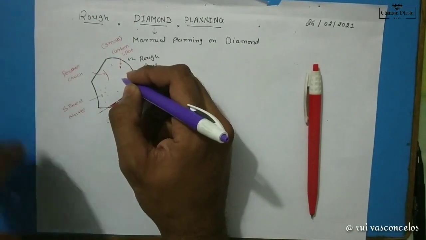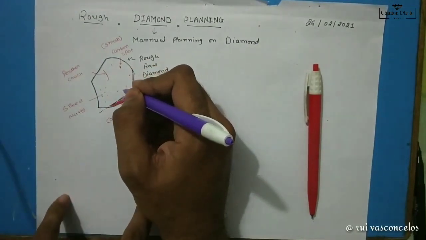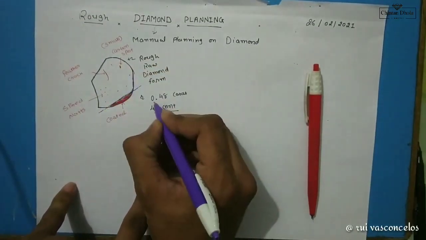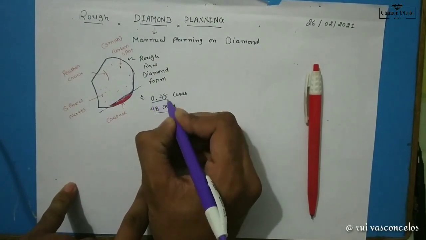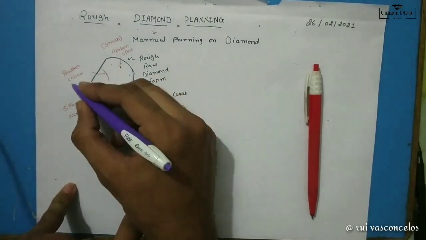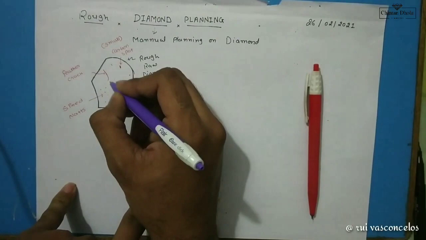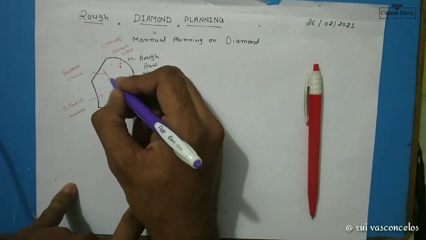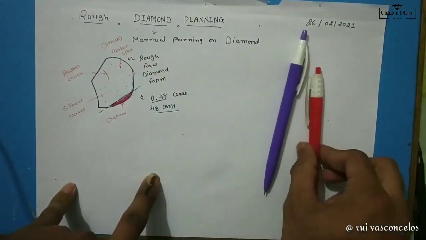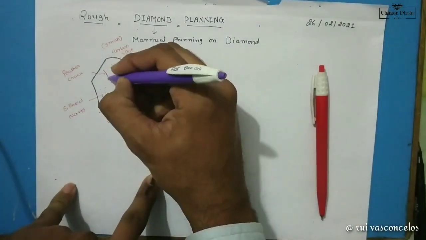Now what is the next process we can do? Because the diamond size is only 0.48 carat, and we have a feather crack here, we have to remove it. How can we do that? Let's see how that is possible in our planning.